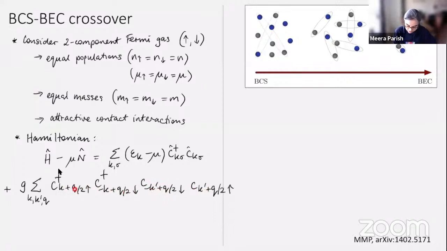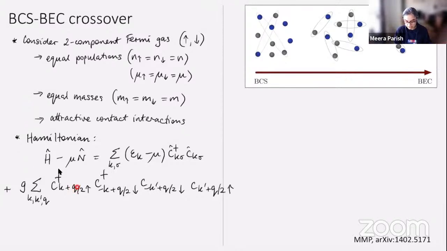Then they scatter into another momentum K, but the total momentum of the pair stays the same. I've written it this way to make explicit what the center of mass momentum is for the pair of fermions, this Q, and what the relative momentum within the pair is, this K.